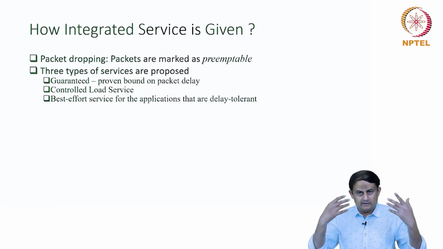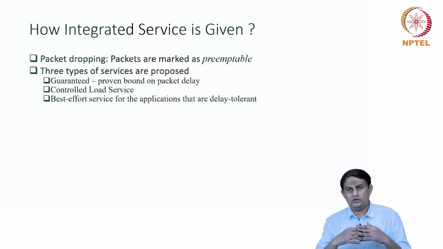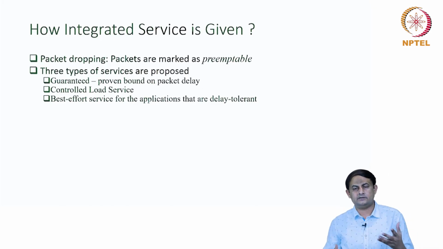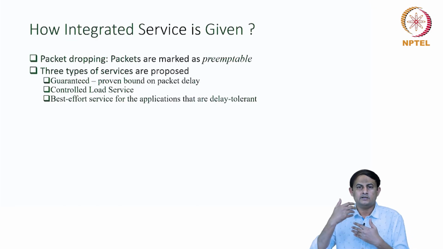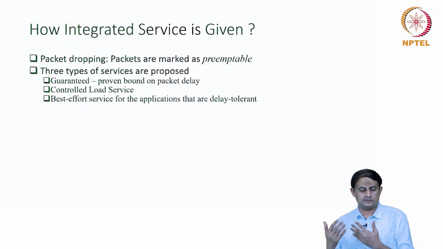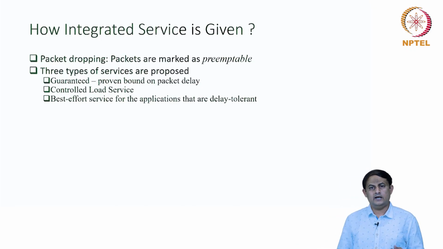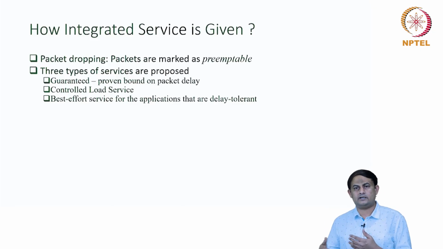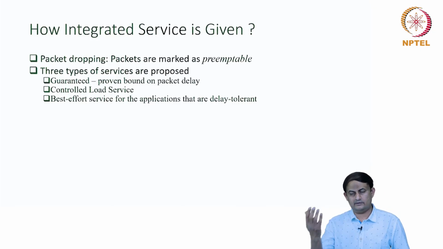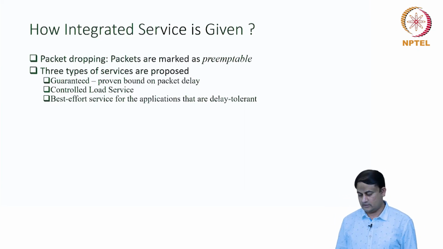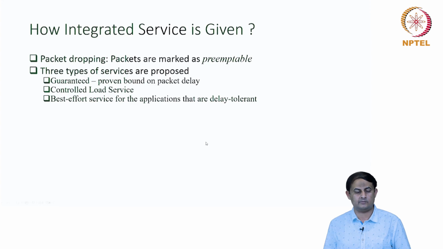Given an application, you can roughly map it to one of these service models: either it is guaranteed, or it is the controlled load service, or it is the best effort service. And based on that, the network can provision an appropriate amount of resources and provision the smooth transmission of the particular traffic to meet the quality of service requirements of that particular application.